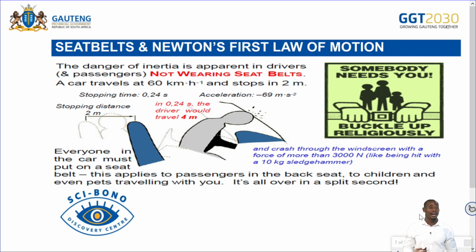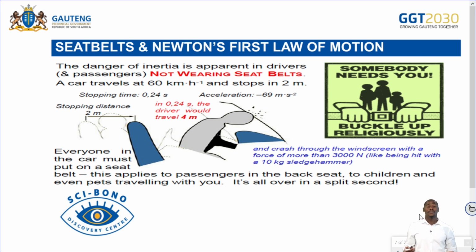And then this is the importance of seat belts. We are explaining that using Newton's first law. According to Newton's first law, if you are not wearing a seat belt, we are likely to experience injuries. Because, for example, if a car is moving at a speed of 100 kilometers per hour forward and suddenly stops, you continue moving at that speed in that direction.